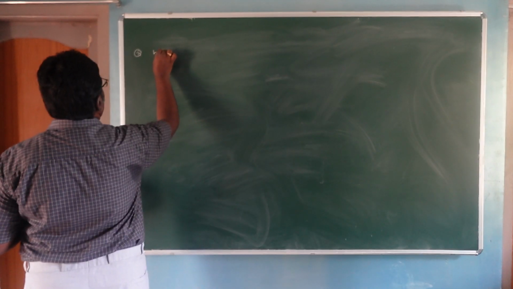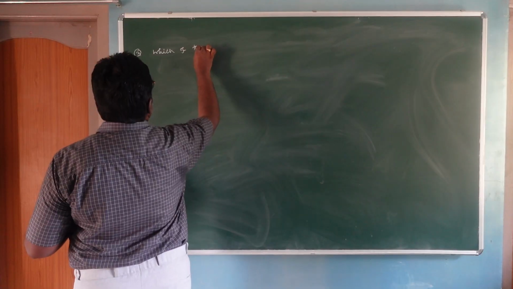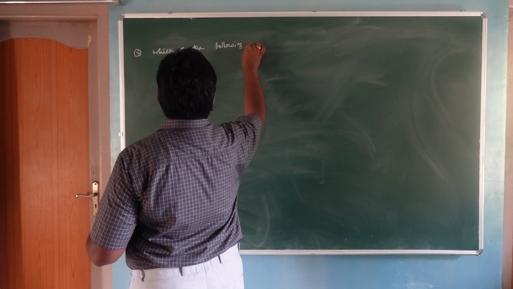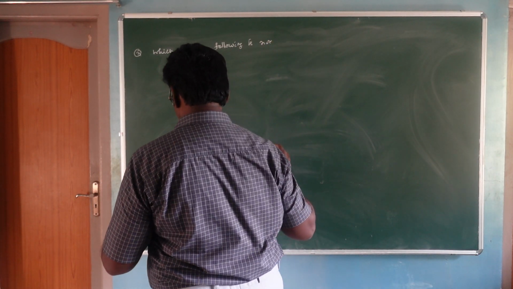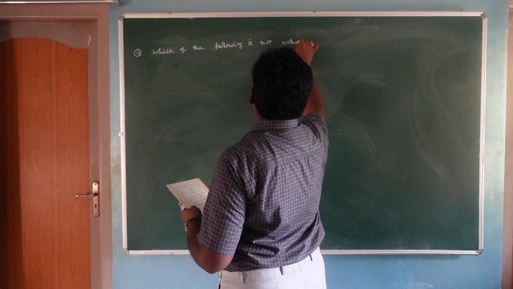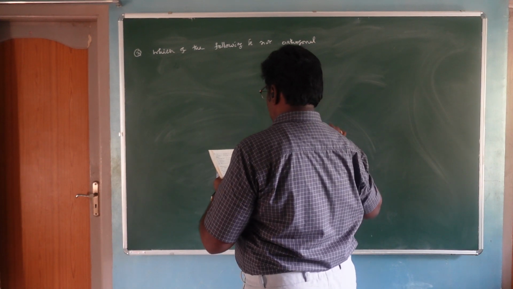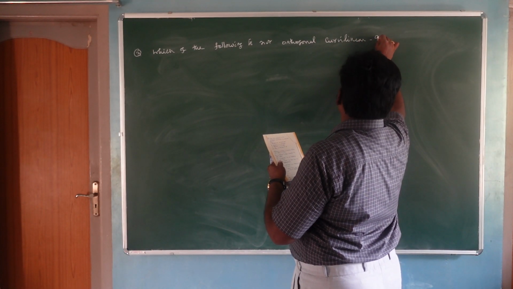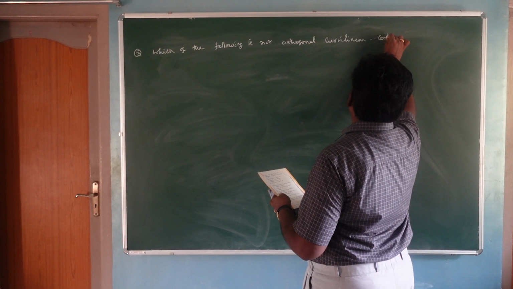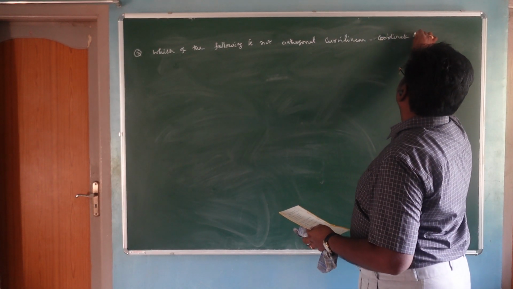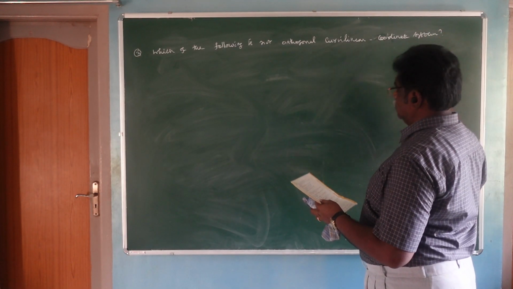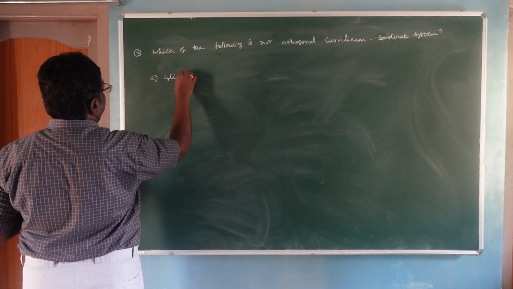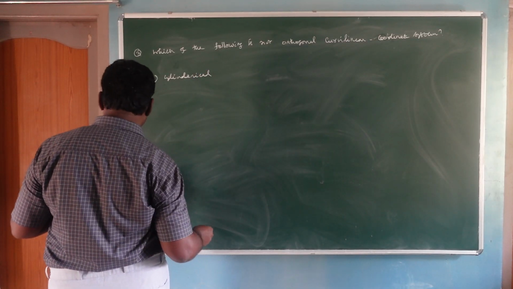Problem 3. Which of the following is not an orthogonal curvilinear coordinate system? Option A, cylindrical coordinates.